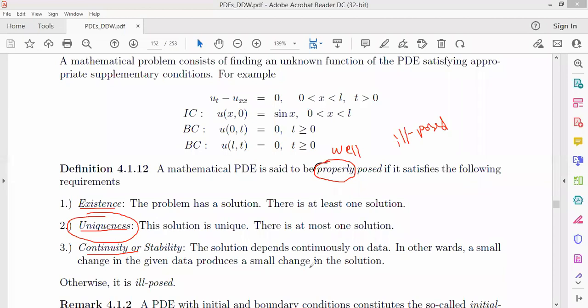And when we say by continuity and stability, we are saying a smaller change in a given data produces a smaller change in the solution. These things Dr. Nakakawa handled. And these ones, I'm sure you looked at phase spaces and you looked at directional fields. If it has been perturbed, you did what they call the perturbation theory when you talk of a smaller change and a big change.